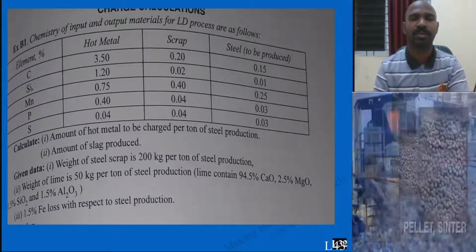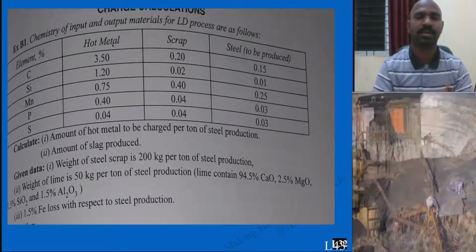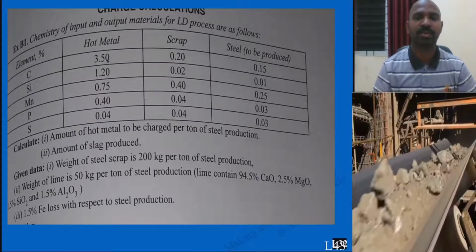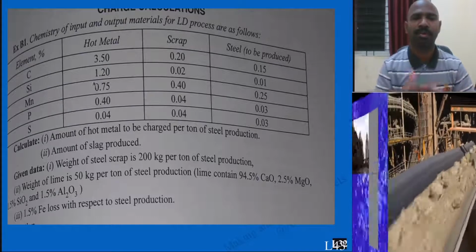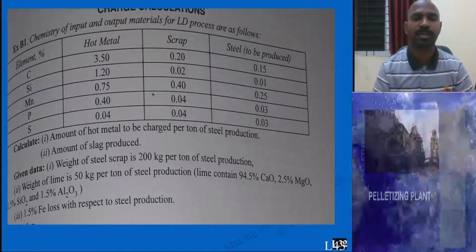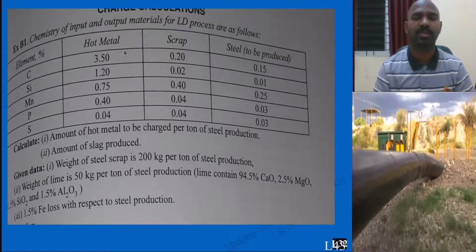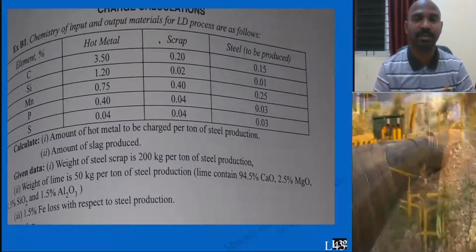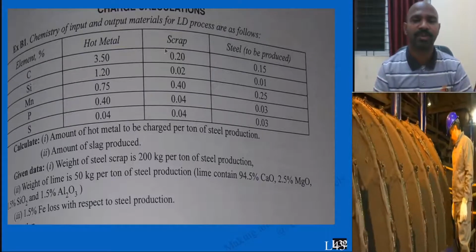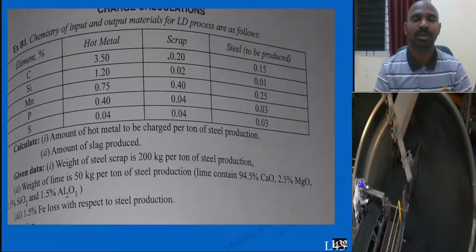The carbon, silicon, manganese, sulfur in weight percentage: 3.5% carbon, 1.2 silicon, and so on. Along with this hot metal, some amount of scrap is also added to get good quality.